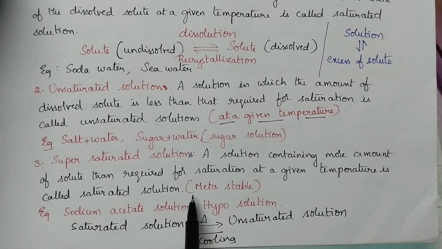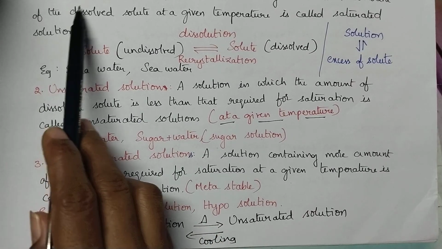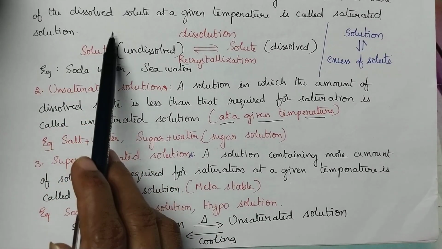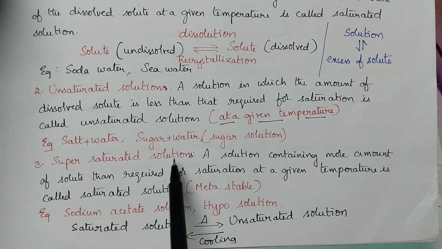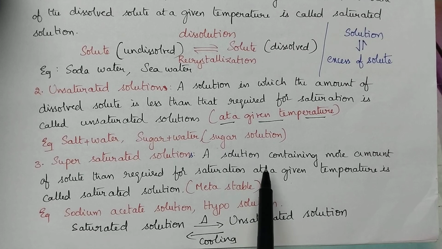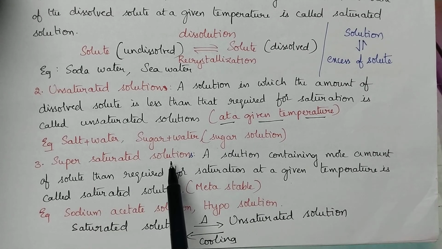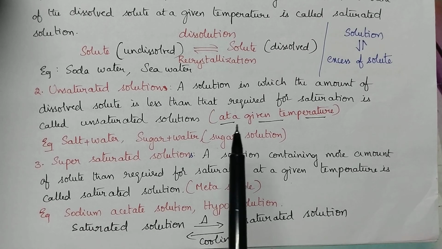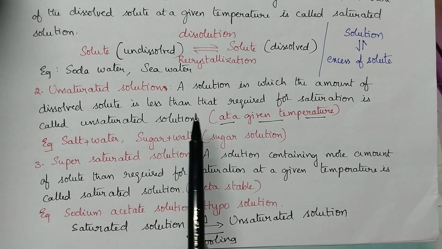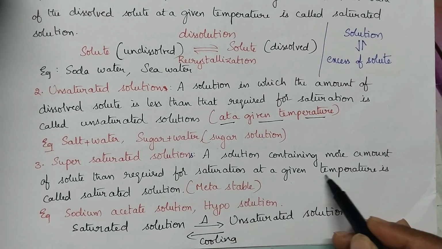Supersaturated solution is also called the metastable solution. Of the three types of solutions, saturated solution is the most stable solution, whereas supersaturated solution is the most unstable solution. The substances which can form supersaturated solutions include sodium acetate, hypo. Remember, always the amount of the solute present in a solution depends upon the temperature.